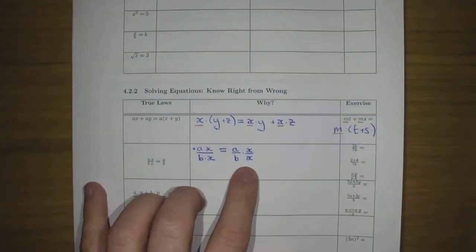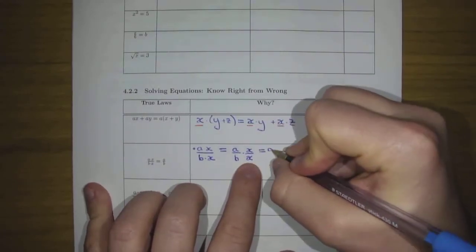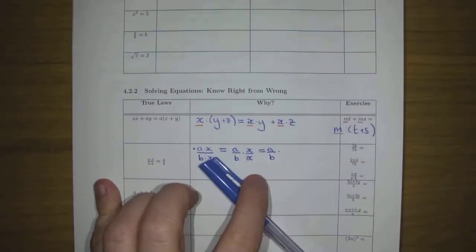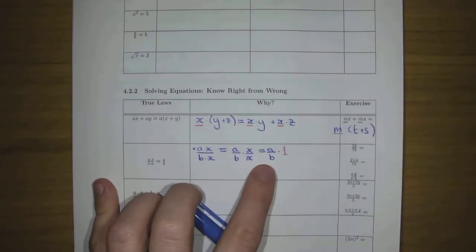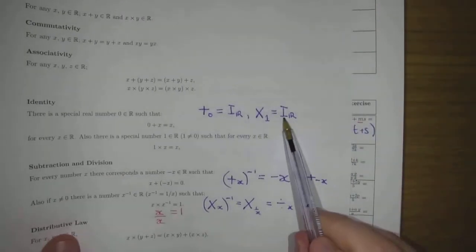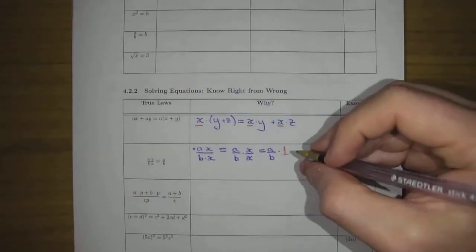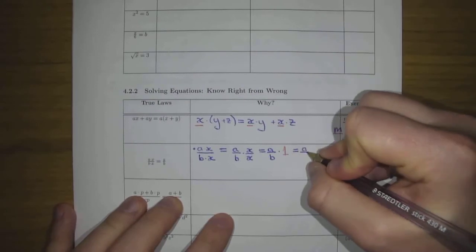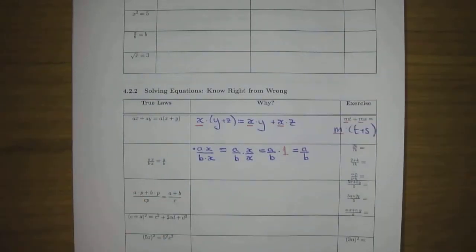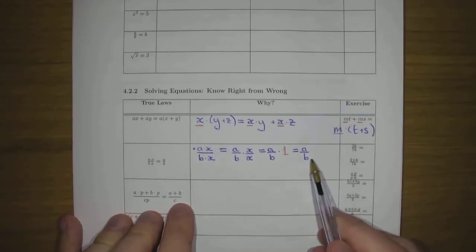So this x over x is equal to 1, and I have a over b times 1. And what's the property of 1? Multiplying by 1 is the identity. It doesn't do anything. Take a number, multiply it by 1, you get the same thing. So ax over bx is equal to a over b.